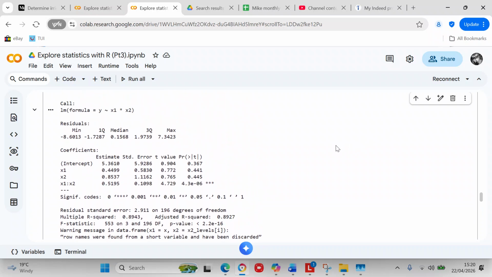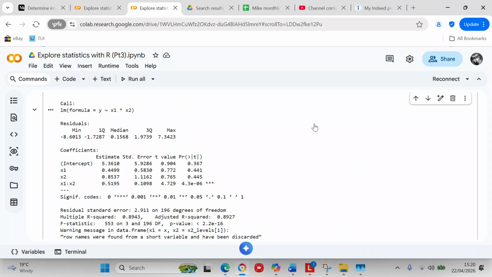When you summarize your model, you'll call your formula, which is lm brackets formula equals Y tilde X1 plus X2. You have your residuals of min, Q1, median, Q3, and maximum. You have your coefficients with your intercept, your X1, your X2, and your X1:X2. And the p-values look pretty good, except for X1:X2, which is really low.